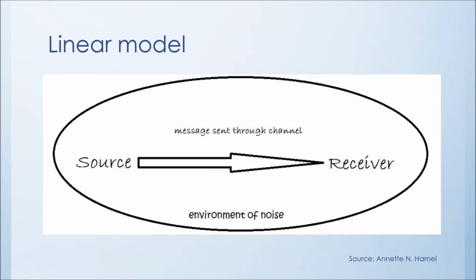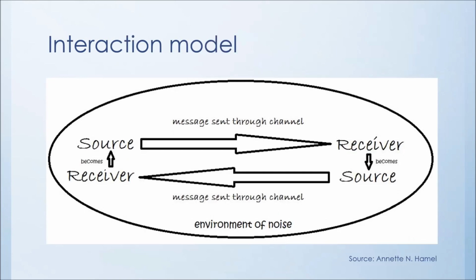There are other activities and other dynamics taking place. So the linear model serves as a foundation for what we're going to talk about, but it's not useful in very many situations.